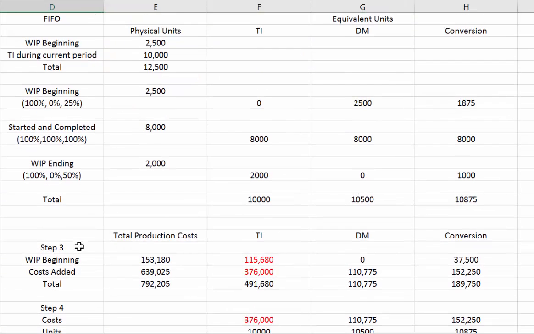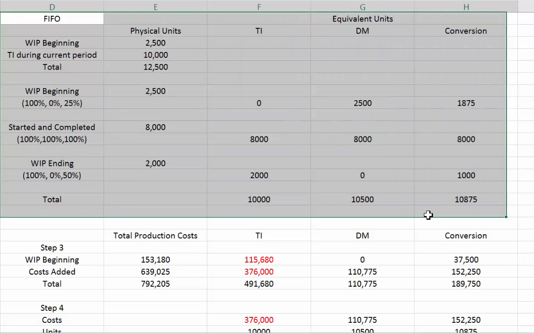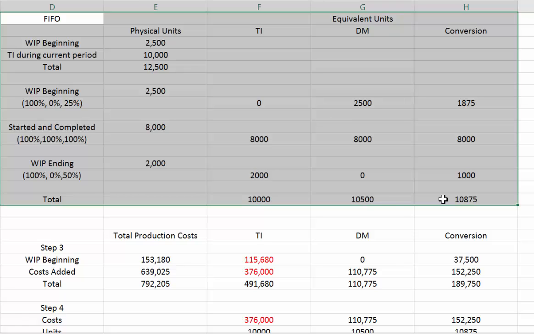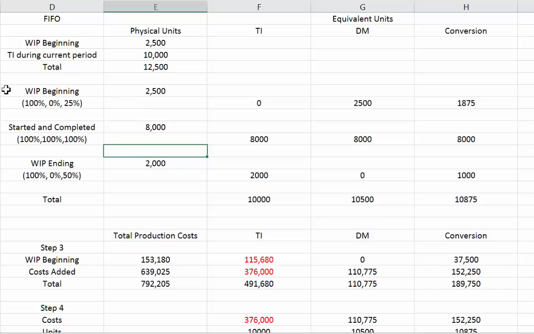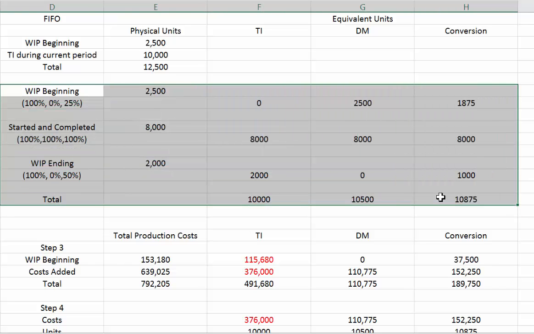I want to use those numbers, so I'm going to move them down here a little bit so that I can conveniently apply these numbers. Actually, I focus on these numbers more. These are more important for me. I'm going to see if I can use this number easily.